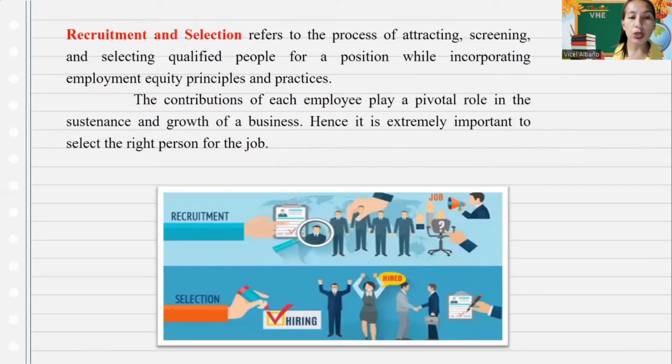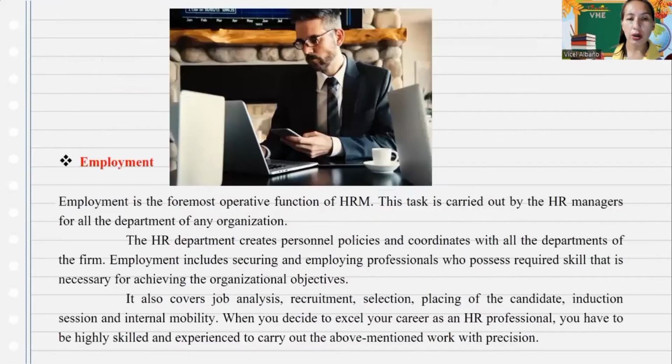The contribution of each employee plays a pivotal role in the sustenance and growth of the business. Hence, it is extremely important to select the right person for the job. So it is very crucial for the HR.